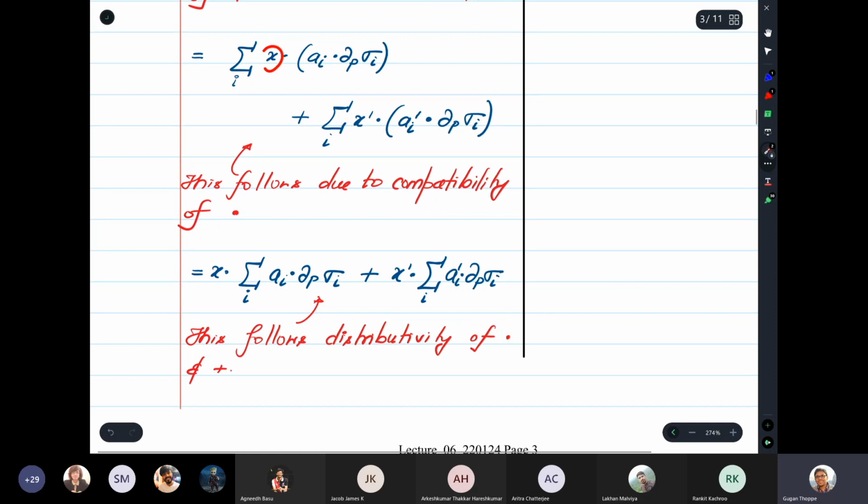So you can take this x outside and write it as x dot of this sum. We know that x dot of this sum is equal to the sum of x dot of the individual elements. This just follows from the distributive property. Similarly, you can write this expression as x prime dot summation i a_i prime, and I should have a dot over here as well, dot delta p of sigma i.